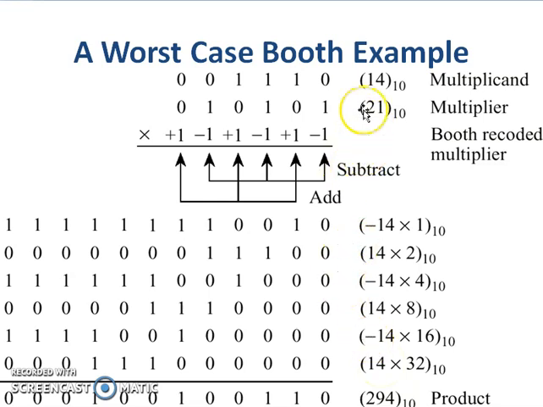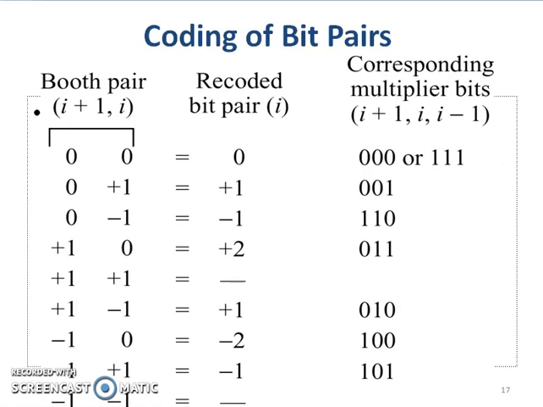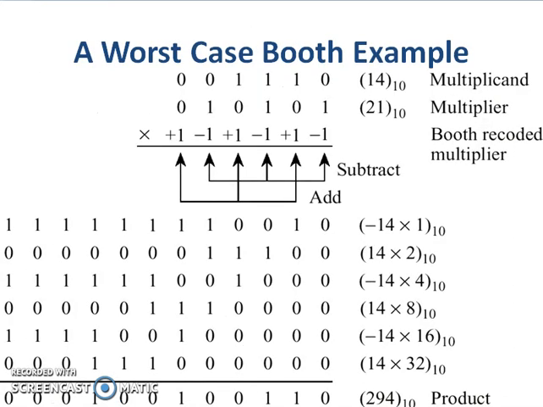It depends upon the multiplier value: the number of steps increases. So this is the worst case, as 6 steps are involved, which means it takes more time and the complexity increases. To overcome that drawback, we go for one more algorithm, called the modified Booth's algorithm.